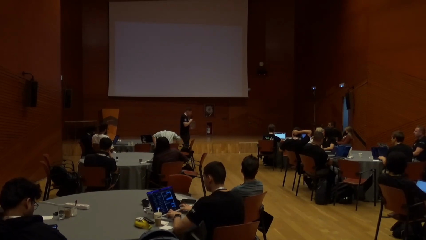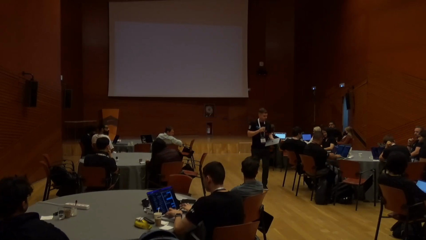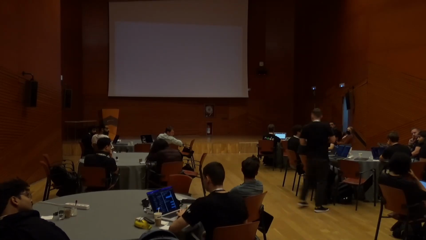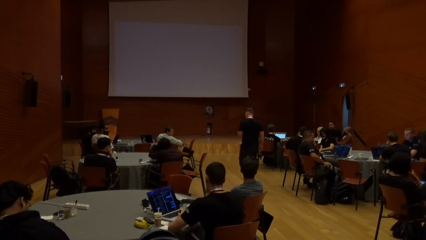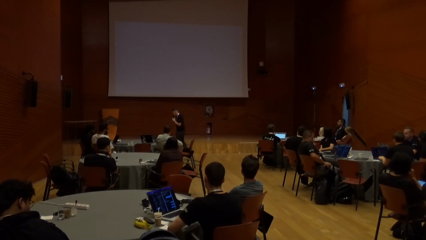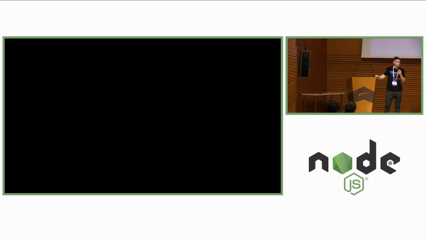So, one thing I have in mind is basically, one thing that we are trying to do in the security team is to automate the security process to reduce the time that we take to perform a security release.